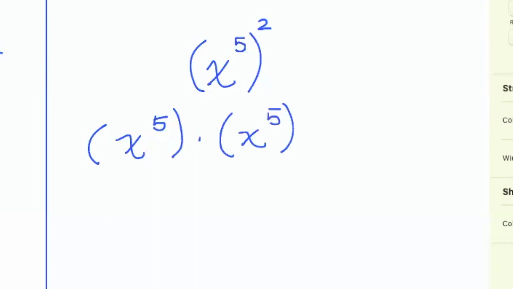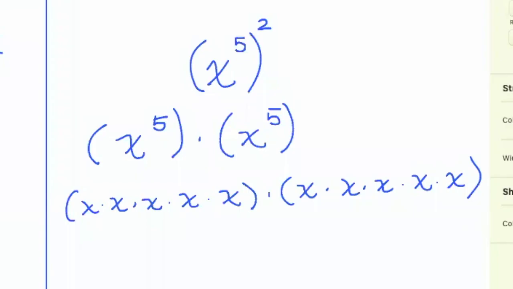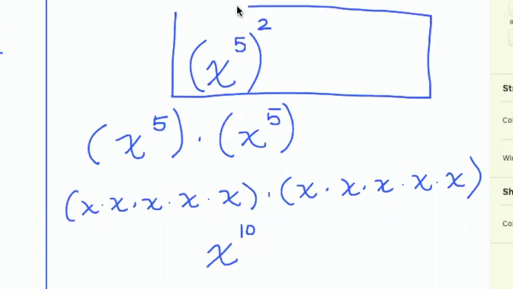Each one of those x to the fifths is 5 factors of x. So I've written each one that way. Now when I count up how many x's are total in my expression, I have 10 of them. So the simplified version of x to the fifth squared is actually x to the 10th.